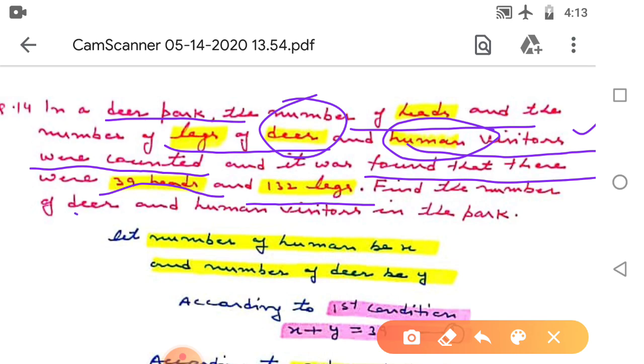Find the number of deer and human visitors in the park.